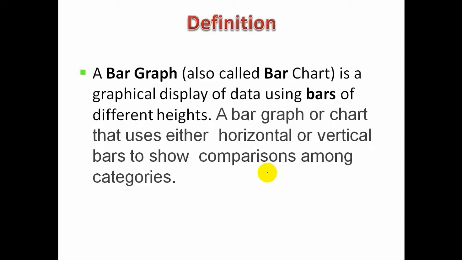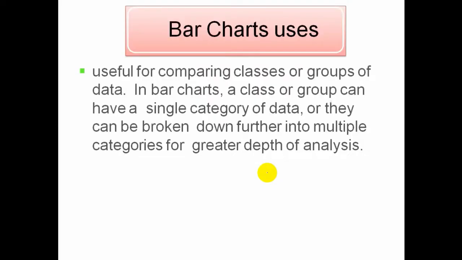A bar graph, also called bar chart, is a graphical display of data using bars of different heights. A bar graph or chart uses either horizontal or vertical bars to show comparison among categories. So this graph is used for the representation of data.